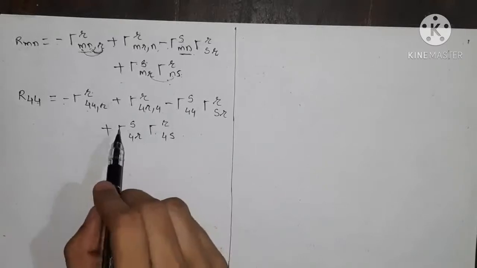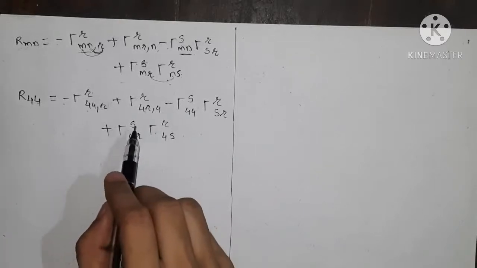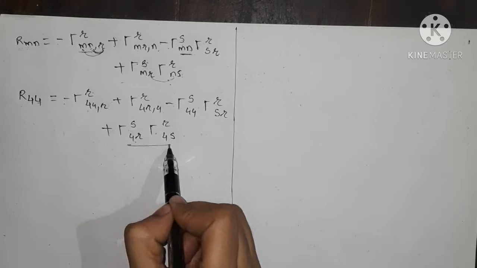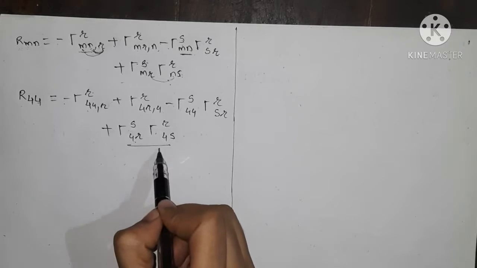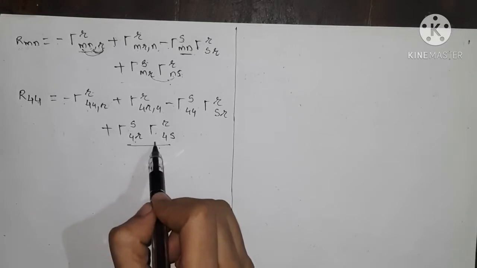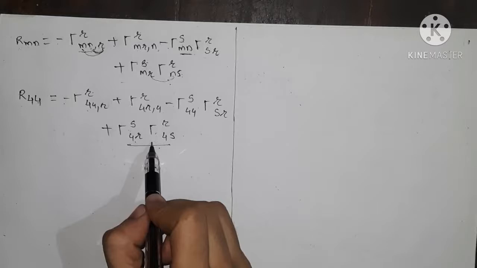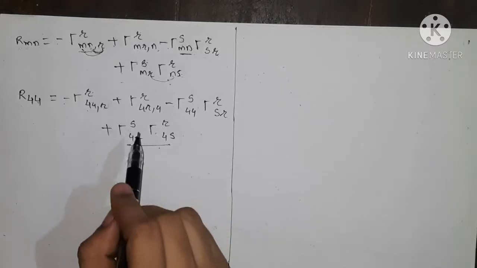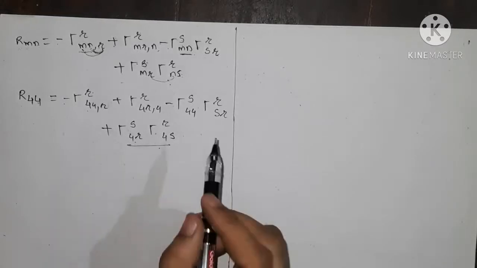Now, because of the weak field, the product of two Christoffel symbols vanishes, and also by the static field, Gmn comma 4 equals 0. So we use the conditions of the weak field and the static space-time.